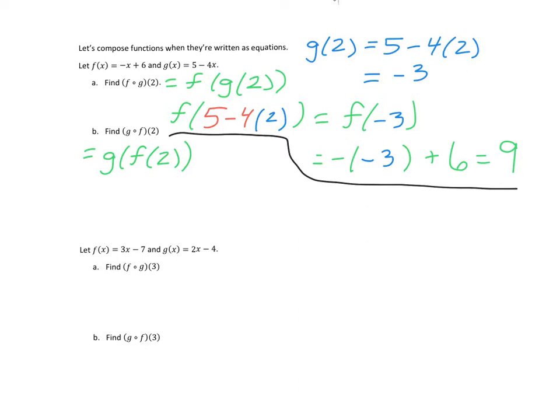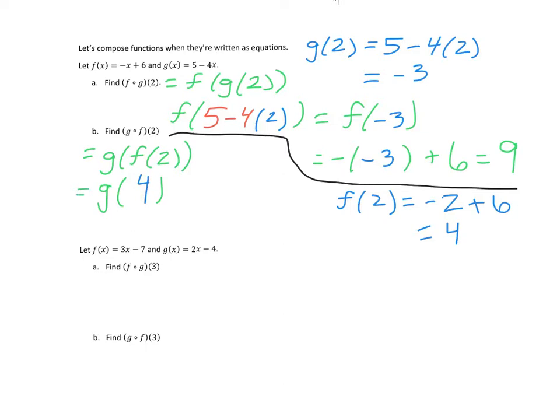F of 2 is the opposite of 2 plus 6, since it's the opposite of x plus 6. So f of 2 is 4. So this is asking us to evaluate g of 4.